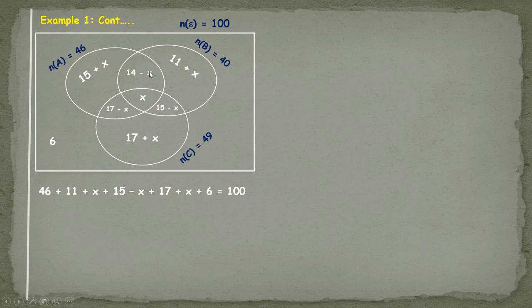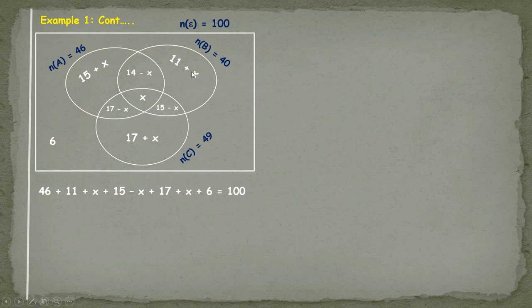You realize that what I'm pointing at, this region here, is actually set A. And we know that the number of A is 46. So instead of adding this and that, I know that the order of this one is 46. That's why I've written 46. So this sum here is 46.